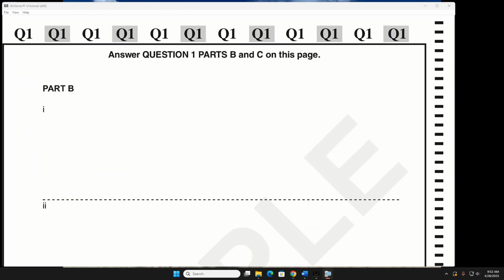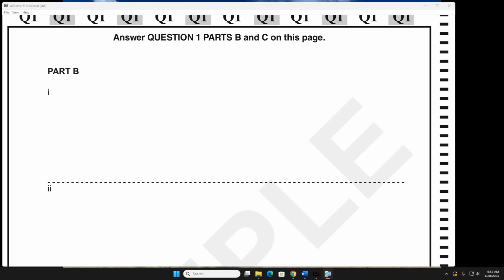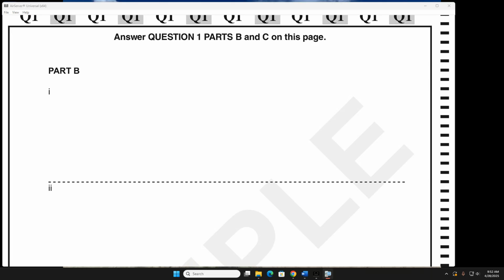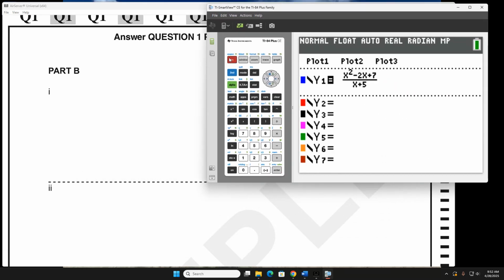Okay? And then the next one will be something like this one, where we're going to find all the x values as decimal approximations for which g of x is 4. It could possibly ask for the zeros, or where g of x is 0, or whatever. But in this case, we want g of x to be 4. Now, g, we have typed into Y1.